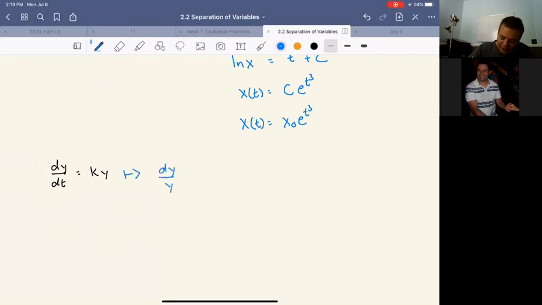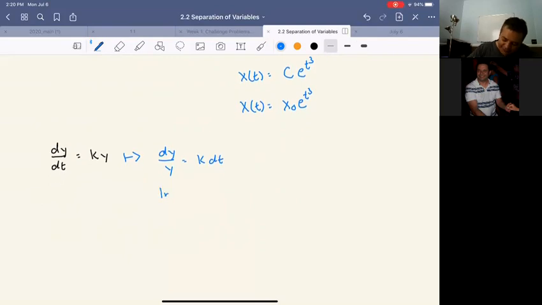dy over y equals k dt. Integrating both sides, you're going to get natural log of y equals kt plus c. Taking the exponential of both sides, same argument we had before, y equals y of 0 e to the kt.